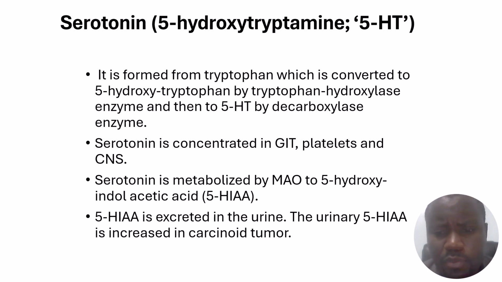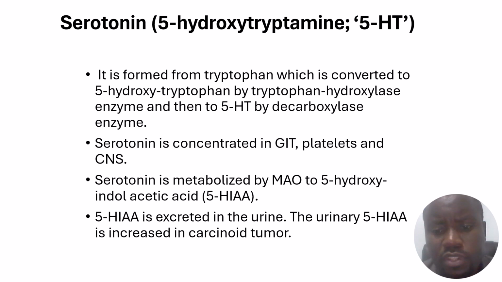Serotonin, in terms of metabolism, and this is very, very important, is metabolized by monoamine oxidase, which converts it into 5-hydroxyindoleacetic acid. Therefore, this metabolite, very soluble in water, will be filtered through the glomerulus and appears in urine.